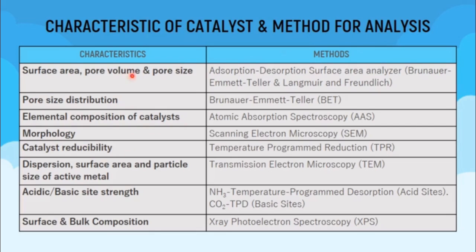And there are methods for analyzing each characteristic. For example, if we want to analyze the elemental composition of a catalyst, we can use atomic absorption spectroscopy, AAS.